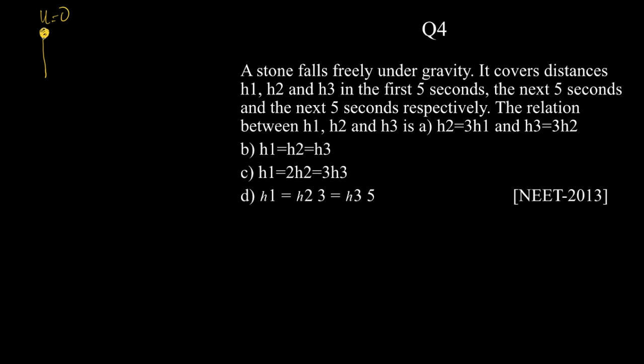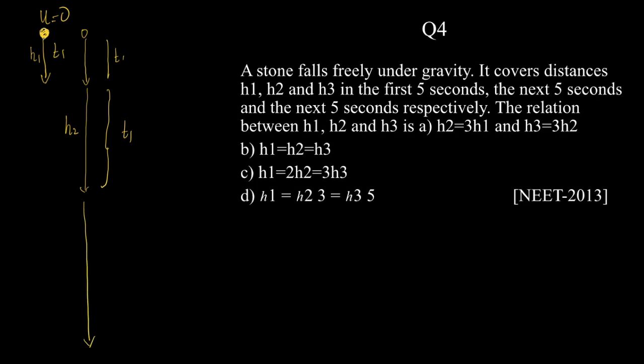So in time t1, say the body covers h1 distance, and in the next t1 seconds the body covers distance h2, and in the next t1 seconds the body covers a distance h3.